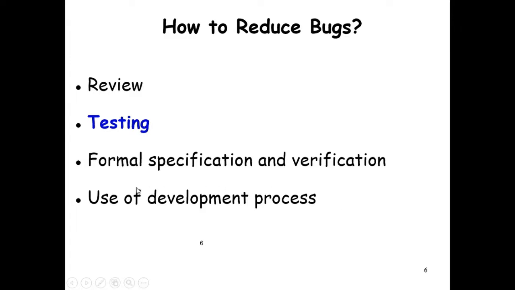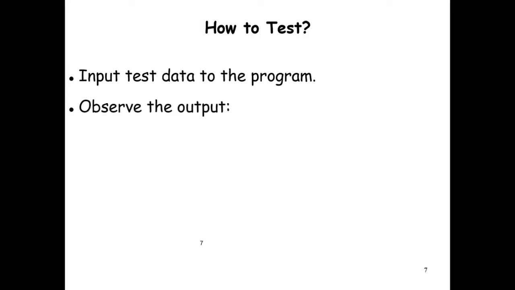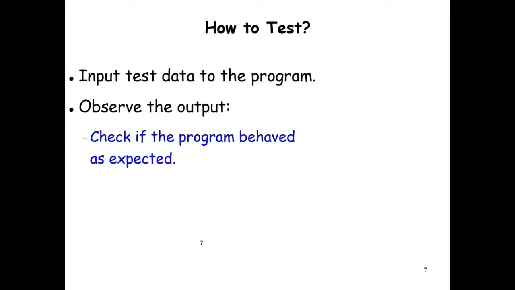Here we will be focusing only on the testing part. How to test? If we have been given the code, we can simply provide some input to the code and then observe the output. This is one of the typical testing methods.